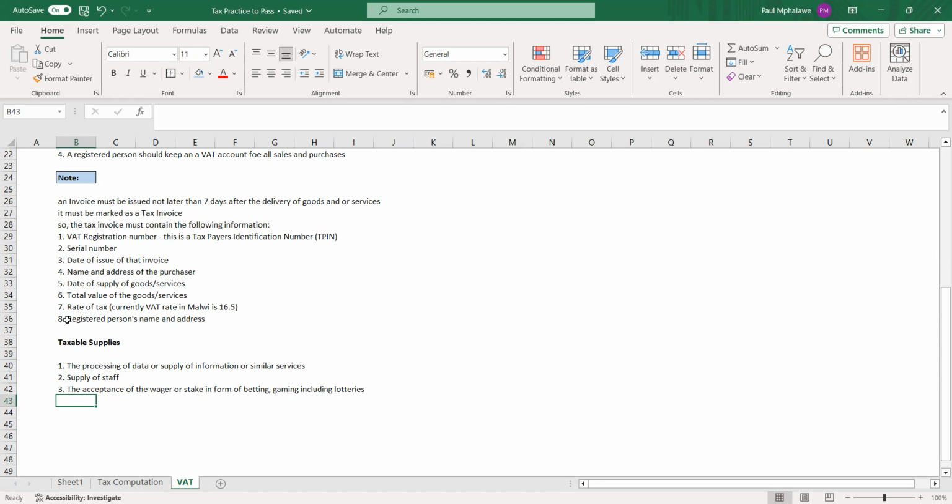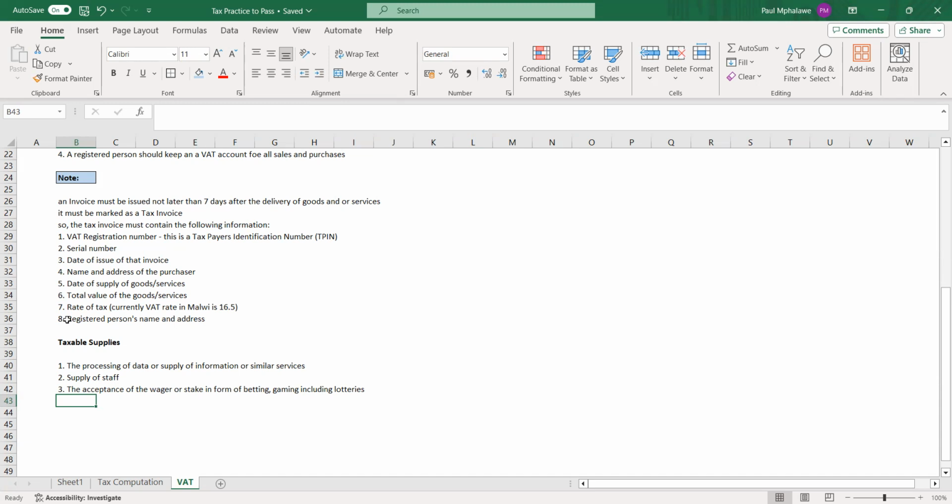So instead of charging the normal 16.5%, those who are gambling and betting, they are charged 20% on sales value. And what is done is you take your 10%, you submit it to Malawi Revenue Authority, and another 10% goes to the Malawi Gaming Board.